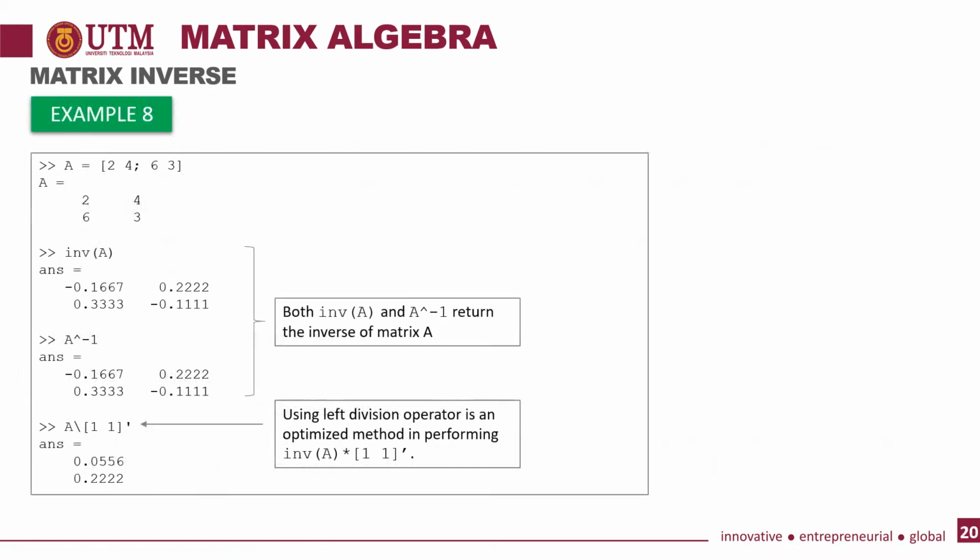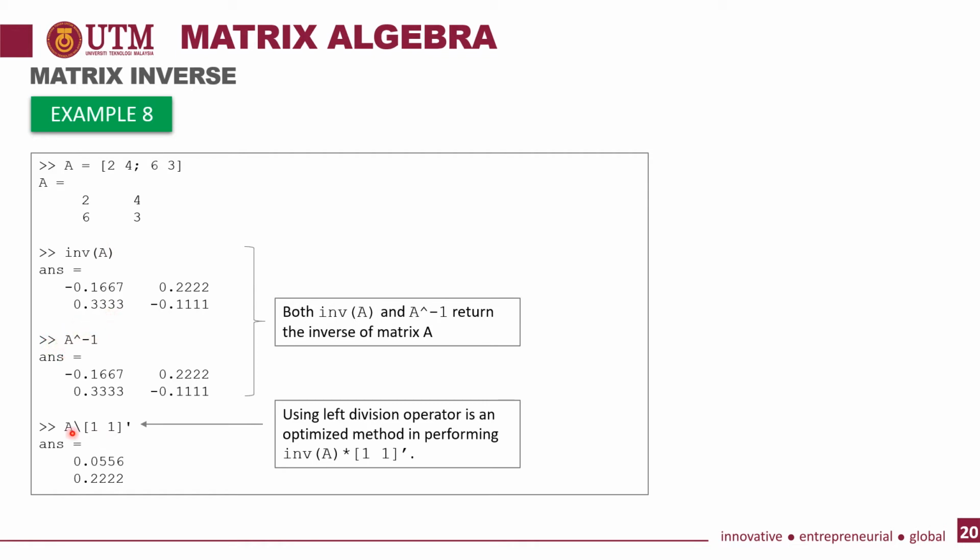Let's take a look at example number 8. Here we initialize the different options you can use to invert a matrix. The first is inverting A using the inverse function INV with the matrix in brackets. The second option is A to the power of -1.